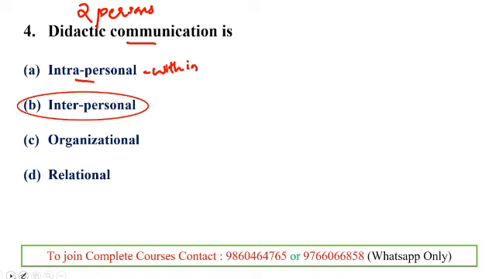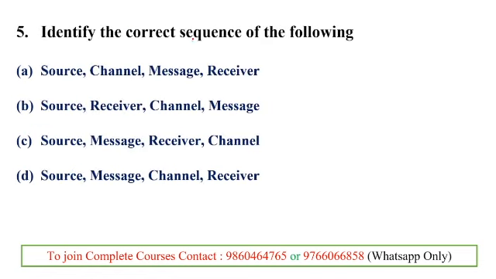Clear? Then identify the correct sequence of the following. So here given are the important procedures, or the important ways in which communication takes place. So we know there must be a person who wants to communicate, or there must be one person to start a communication. So that is the first person, and we say the source.